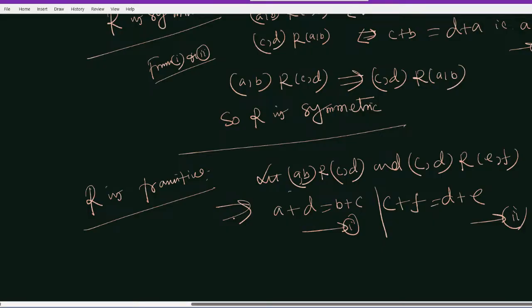You are going to show that AB is related to EF. Okay? So you have to bring A, B, E, F into the scenario. How? Just by adding 1 and 2.